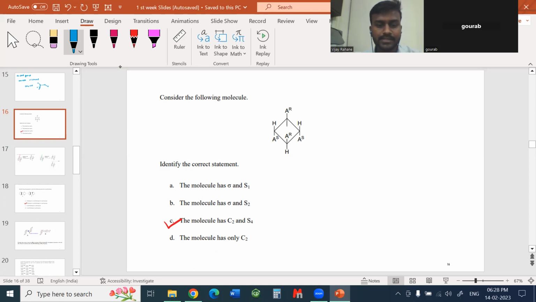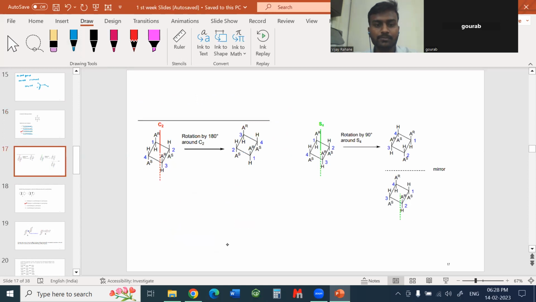Firstly, they have given: the molecule has a sigma and S1. The molecule has a sigma and S2. The molecule has C2 and S4, and the molecule has the C2 axis. This problem we have visualized with the help of these explanations as shown here.